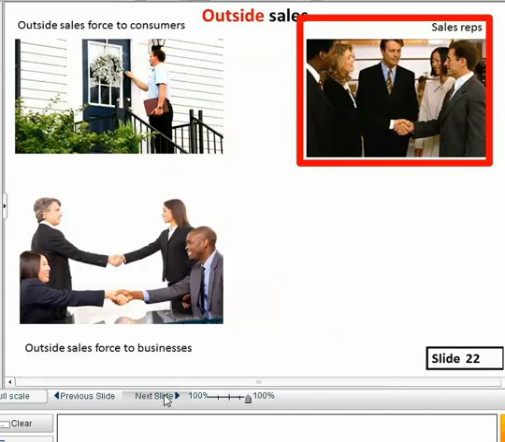So this would be an independent representative who was representing several different companies. They may represent your product, they may also be representing other people's products. And the ideal situation is where they're not representing several different competitors. What you want them to do is represent lines of products that are complementary to each other.